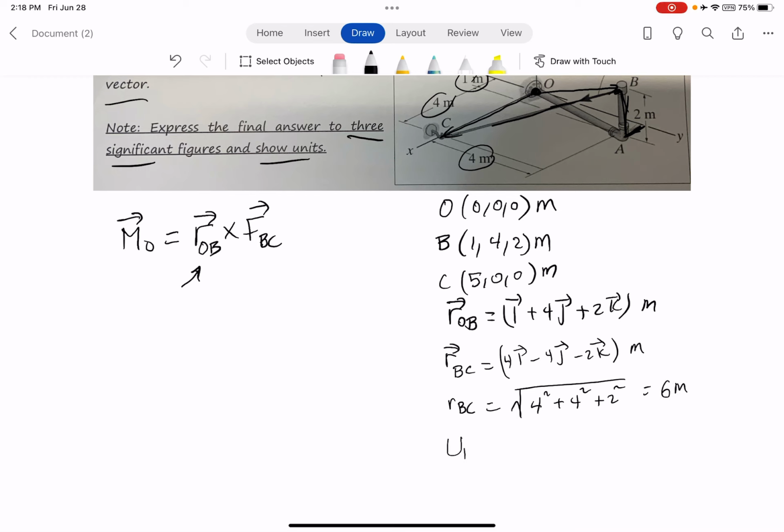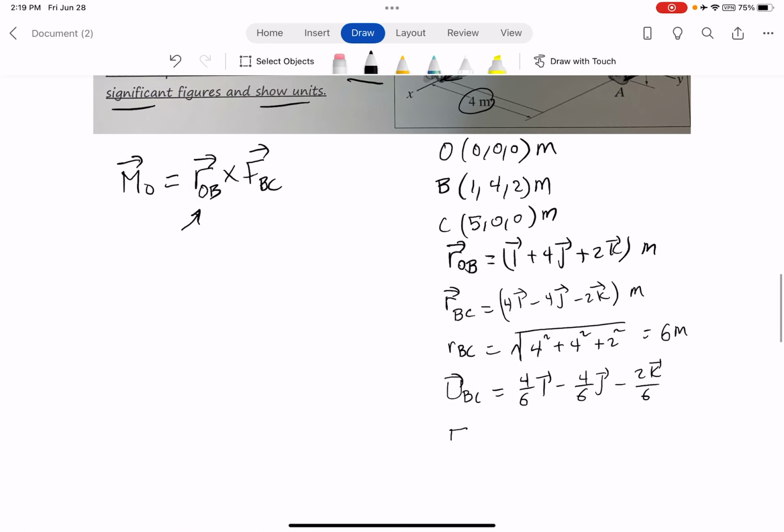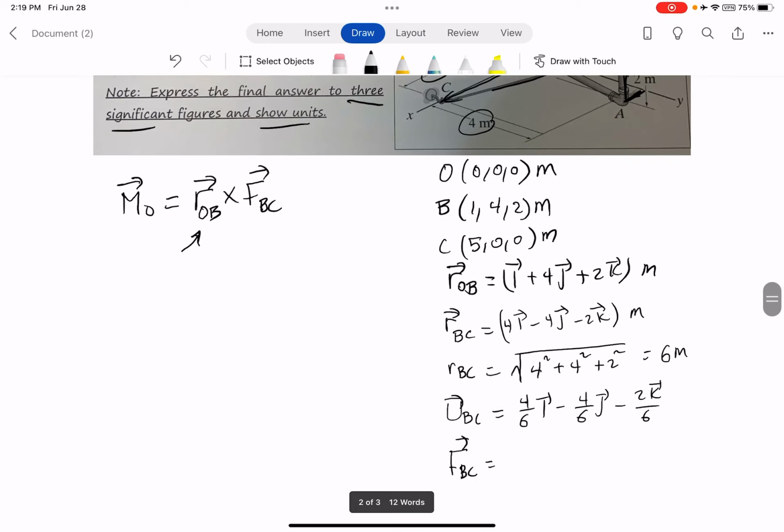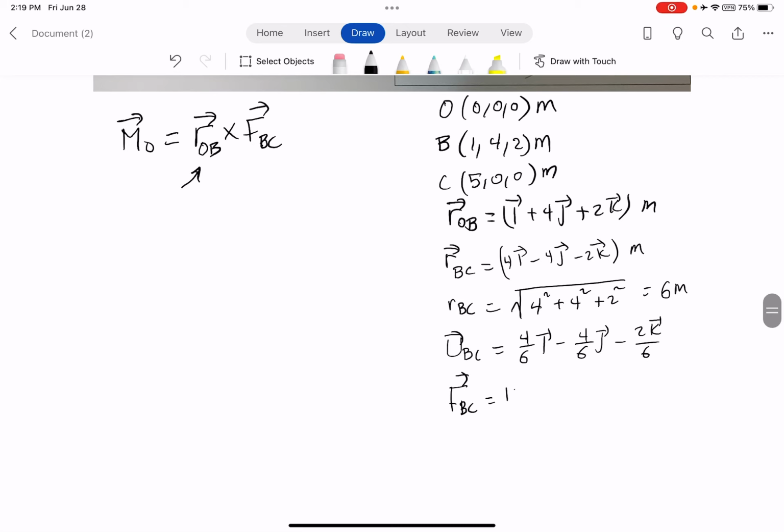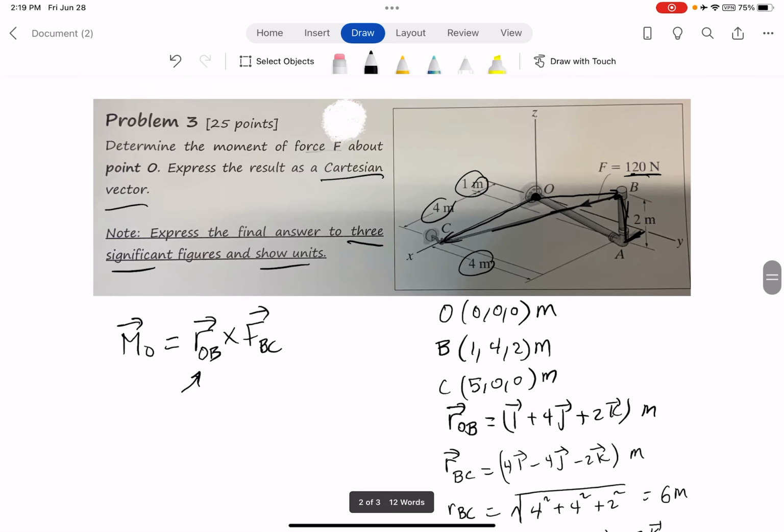So the unit vector BC is 4 over 6I minus 4 over 6J minus 2 over 6K. This has no units. The force BC is equal to the force, which is 120, times 4 over 6I minus 4 over 6J minus 2 over 6K, and the units are in Newton.